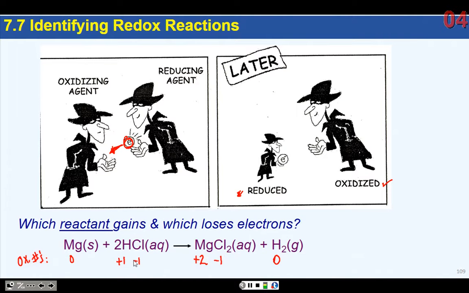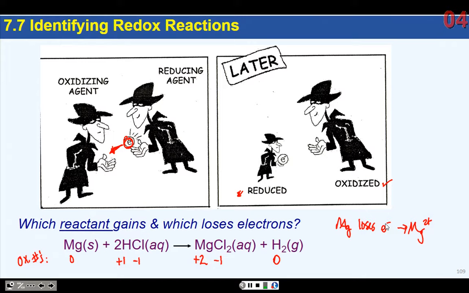So which one is losing electrons? This is like an example with magnesium and oxygen that I described earlier. And so in order to become a cation, magnesium has to lose electrons. So magnesium loses electrons to become a cation. And then what else has to change? Well, apparently the chlorine did not change, so it's not part of this process.